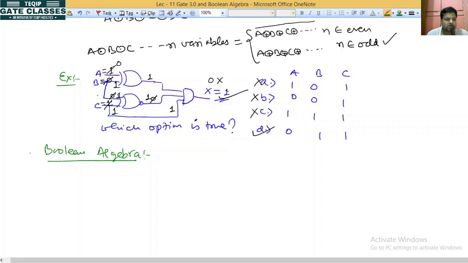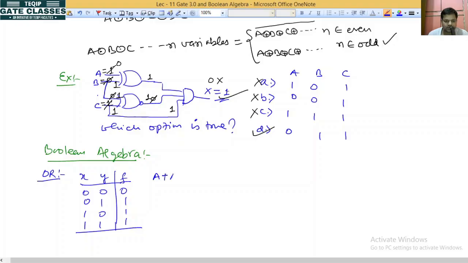Some rules we have studied earlier. We have studied that if we have an OR gate with inputs X and Y, the input combinations will be 0 0, 0 1, 1 0, 1 1. So for OR gate, this will be the truth table.